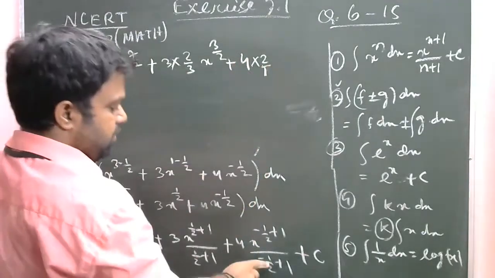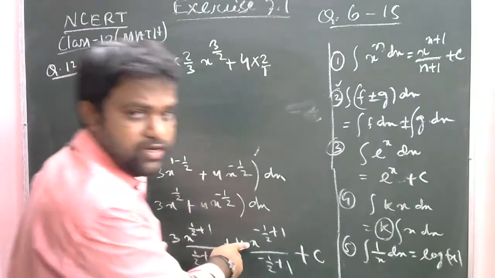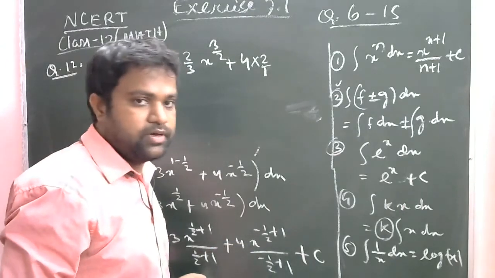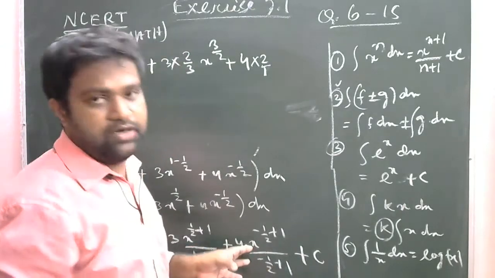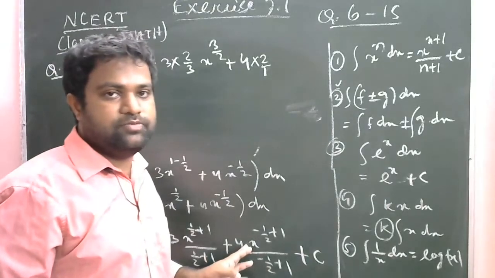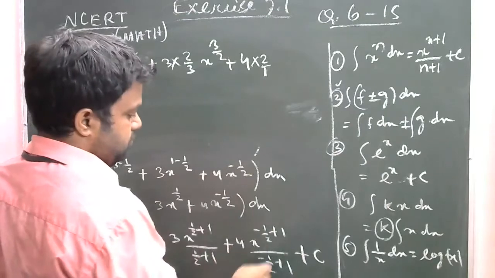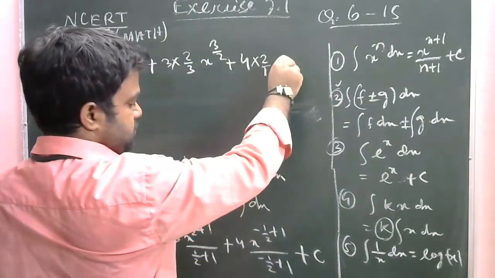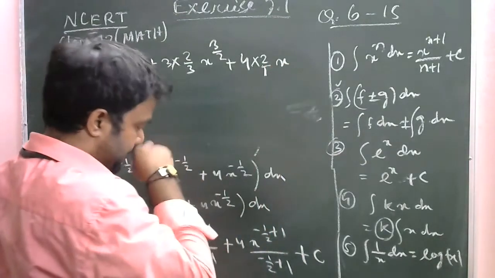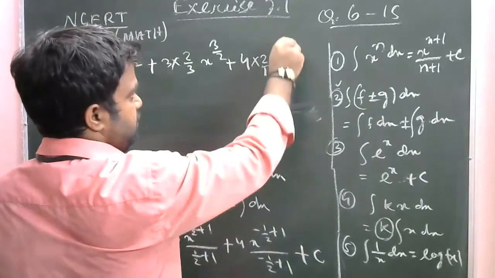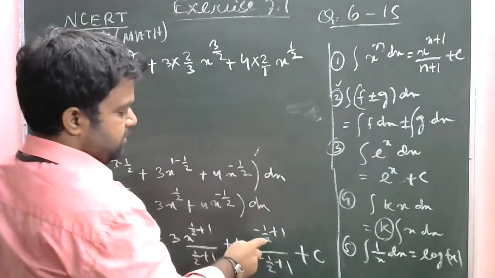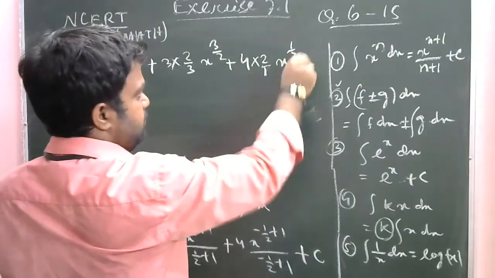Half, 1 by 2, if I write it in the numerator, it will be 2 by 1. So 2 by 1 x to the power, this is also half. 1 minus half is half, plus c.